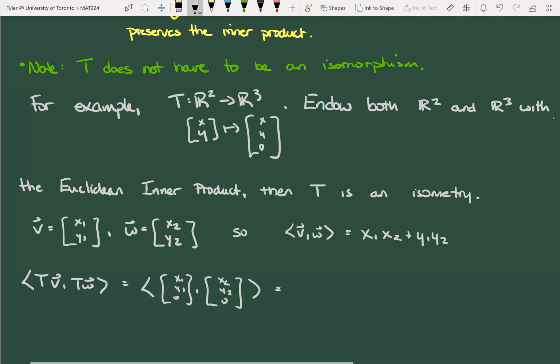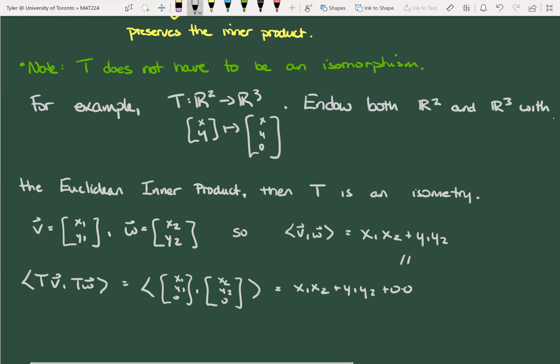And yeah, that works out to be the exact same thing, right? Because the last set of terms, when you add them together, just ends up giving you 0. Plus 0 times 0 here, which we could put in if we want. But these are clearly equal, right? So this does end up being an isometry.